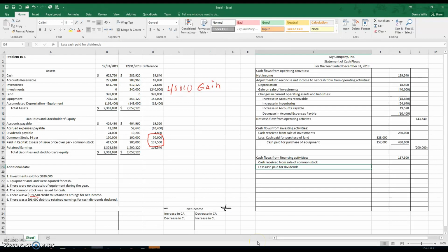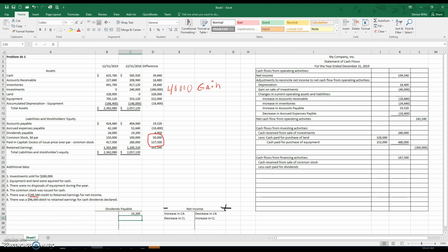Okay, now this is not a number that is given to us outright. So I have set up this T account to help us think about it. This is our dividends payable T account. Our dividends payable started out at the beginning of the year at 19.2, and that would have been a credit balance. Now what we're looking for is the debit for the amount that was paid.